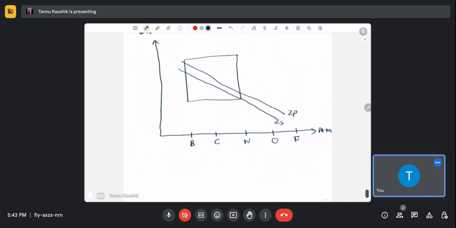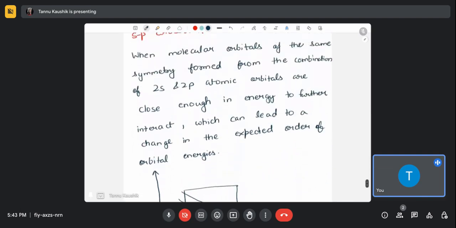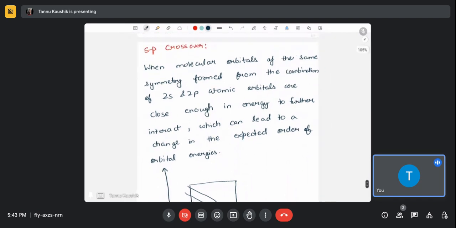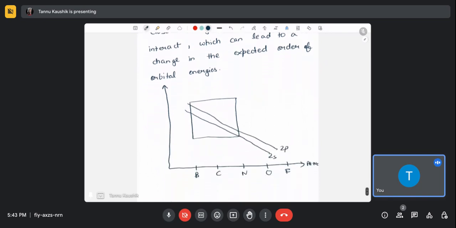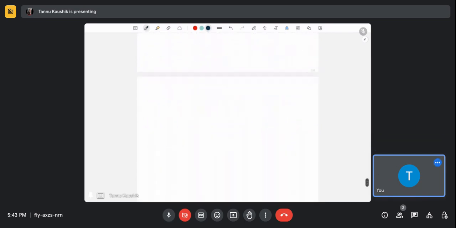And as I told, when molecular orbitals of the same symmetry formed from the combination of 2s and 2p atomic orbitals are close enough in energy to further interact, it leads to a change in the expected order of orbital energy. And let us see how this changes the molecular orbital diagram.